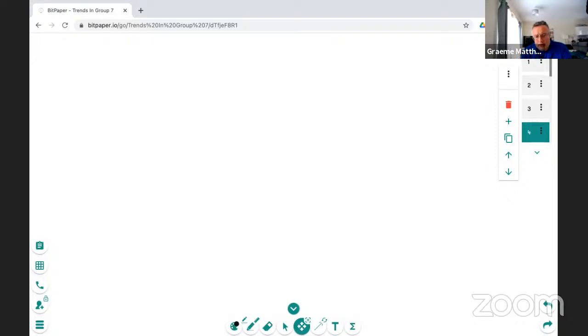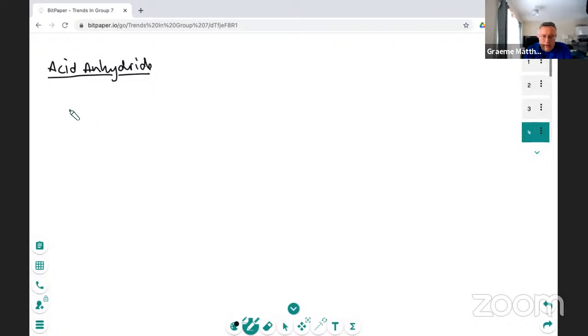All right then, so here, this is the one with the acid anhydride. Now, again, chemists, they're not really creative with these questions, so the one that they're going to use all the time is ethanoyl chloride.